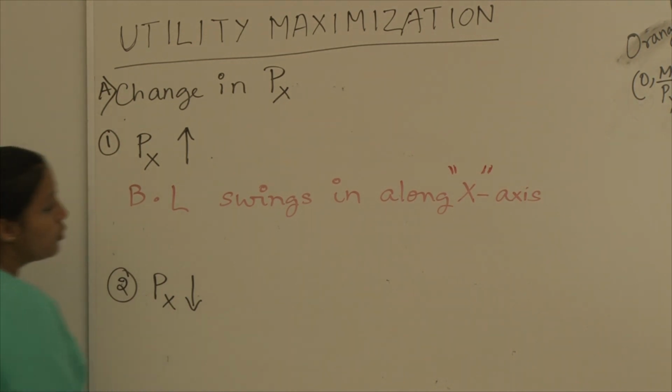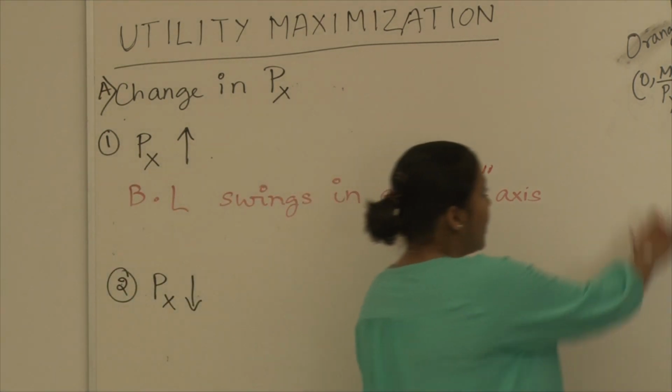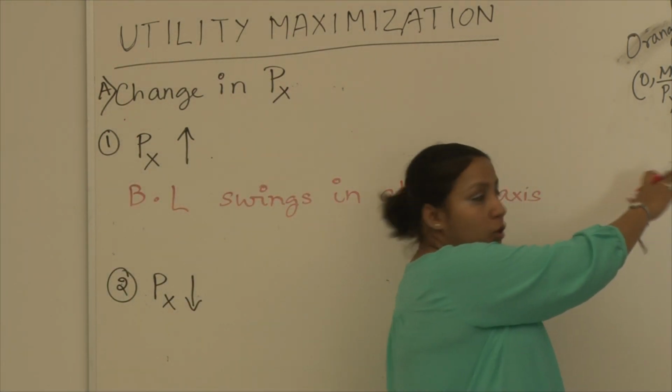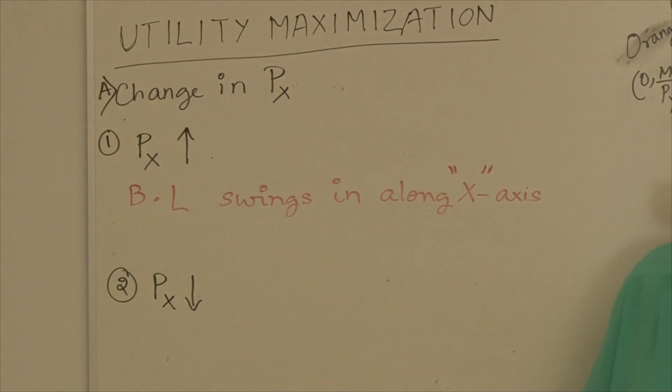Now, if the price of good x goes down, then obviously by law of demand you will be having more of good x. Once again, it does not have any bearings on good y because Px is not involved there. You would be consuming more of the apple.